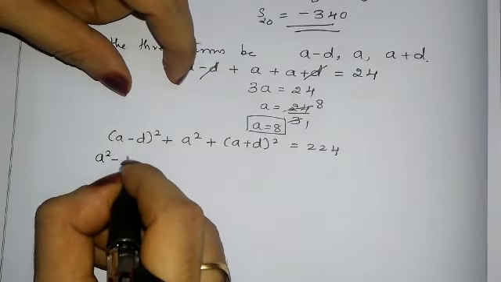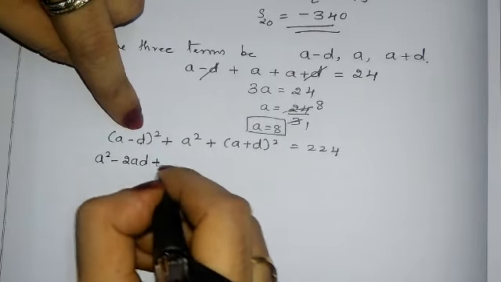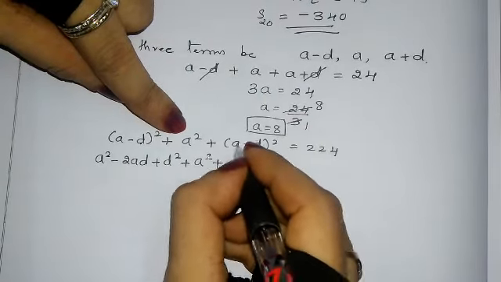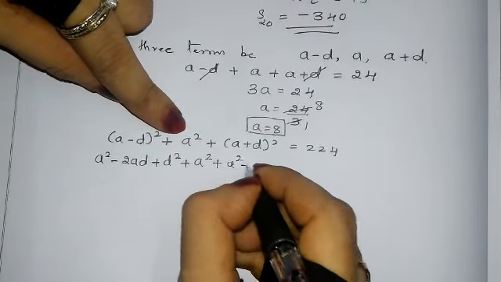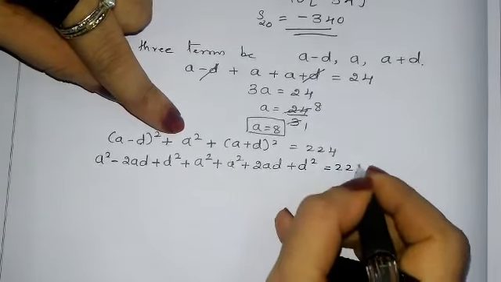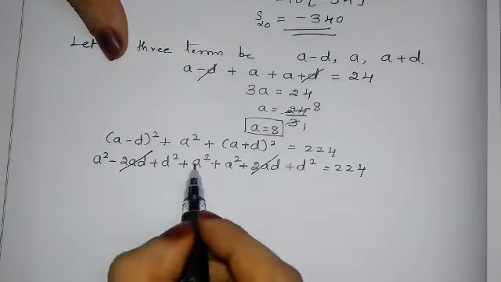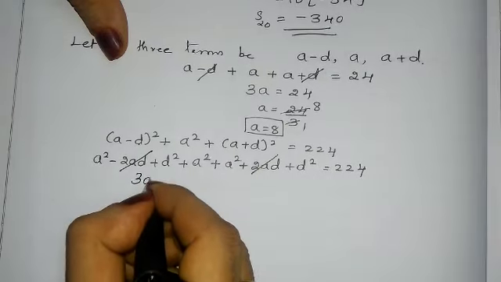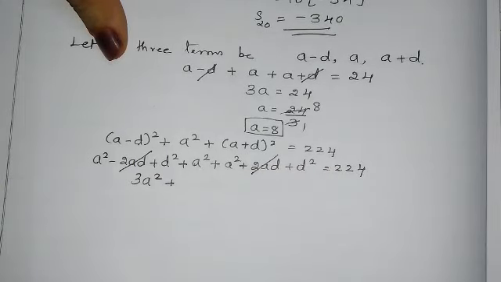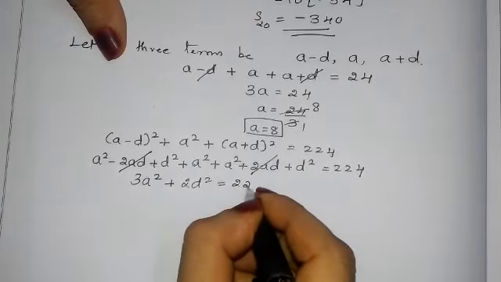A square minus 2AD, here not B, here D, so 2AD plus D square, plus this A square as it is, plus A plus D whole square, that is A square plus 2AD plus D square is equal to 224. 2AD gets cancelled. A square plus A square plus A square, 3A square plus D square plus D square is 2D square is equal to 224.